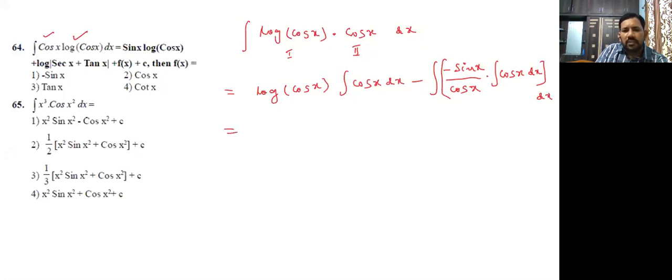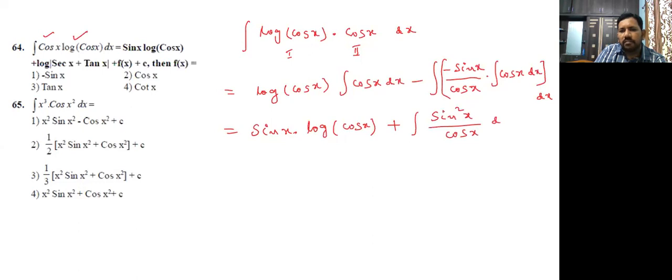What is integration cos x? That is sin x into logarithm of cos x, minus into minus plus integration. Here how to do that? Integration cos x, sin x into sin x, we get sin square x divided by cos x dx.